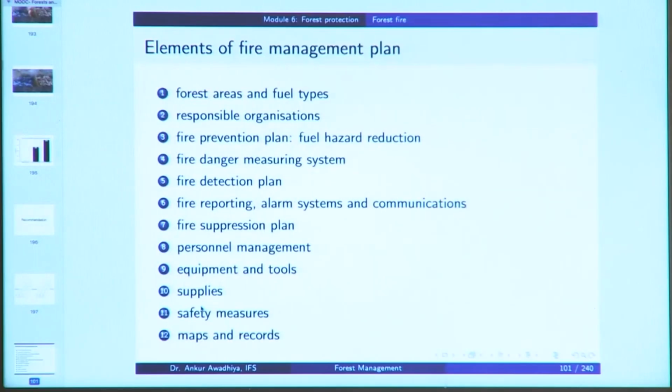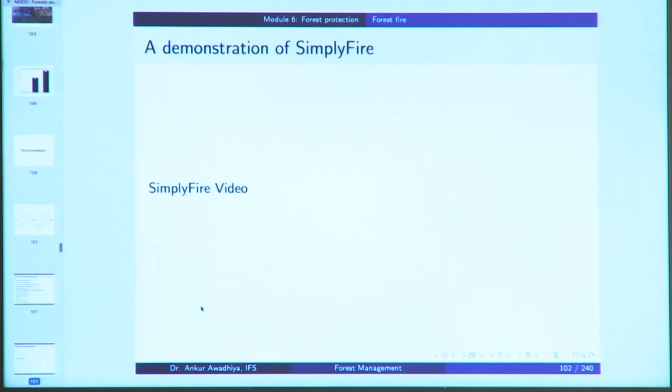Now, we looked at the elements of a fire management plan. It has to look at the forest areas, the fuel types, and the responsible organizations that you can look forward to. You need to have a fire prevention plan with fuel hazard reduction, a fire danger measuring system, detection plan, reporting plan. You need to have alarm systems and communications. There has to be a plan for fire suppression, personnel management, equipment and tools, supplies, safety measures, and maps and records.